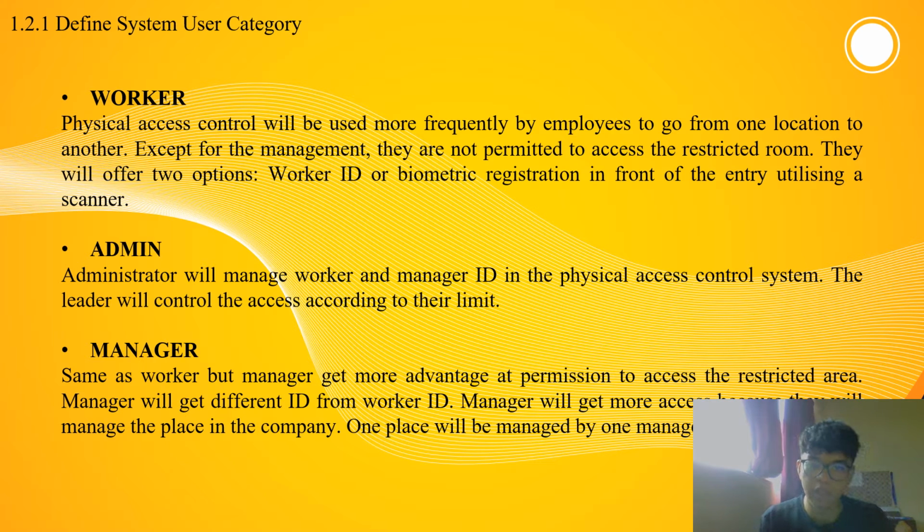The administrator will manage worker and manager IDs in the physical access control system. The leader will control the access according to their limit. Managers get more advantage and permission to access the restricted area. A manager will get a different ID from a worker ID, and will get more access because they will manage places in the company. One place will be managed by one manager in the whole company.